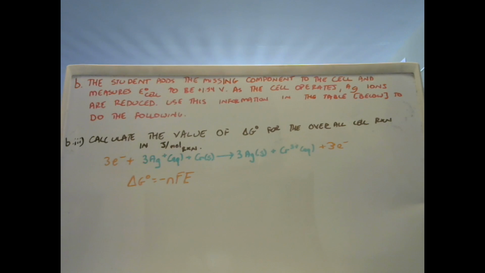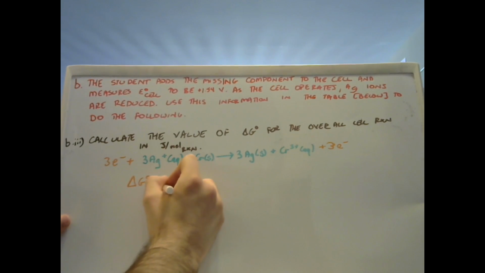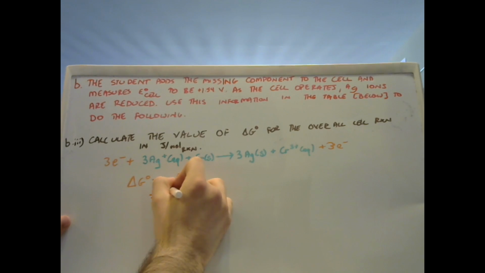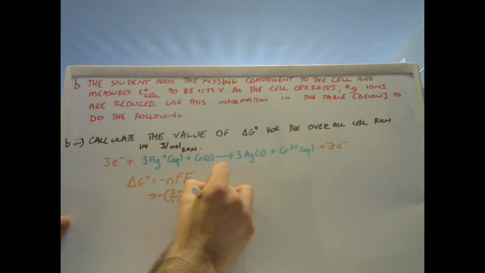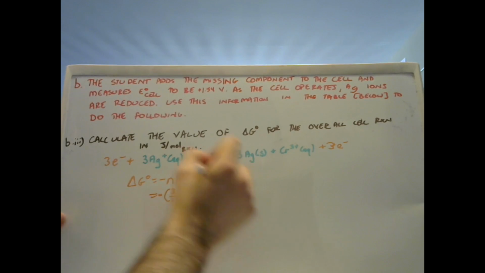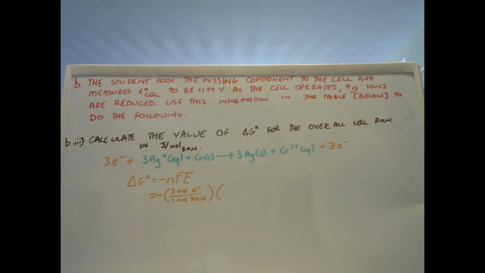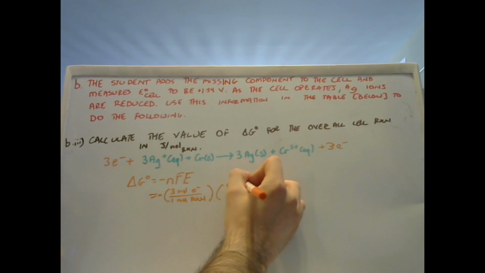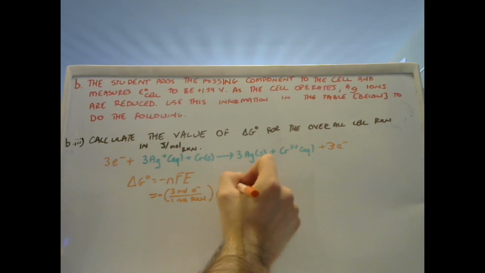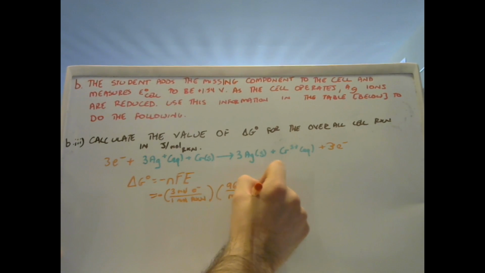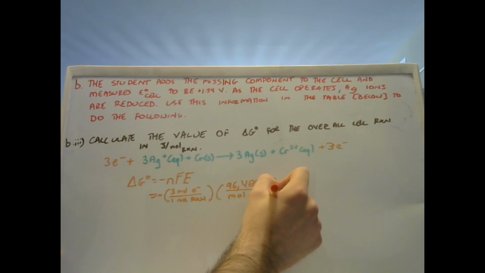But once you have that, this is just a plug and chug equation. We have negative because the reaction says so, 3 moles of electrons per 1 mole reaction. Faraday's constant is 96,485 coulombs per mole electron. Moles of electron are going to cancel out.